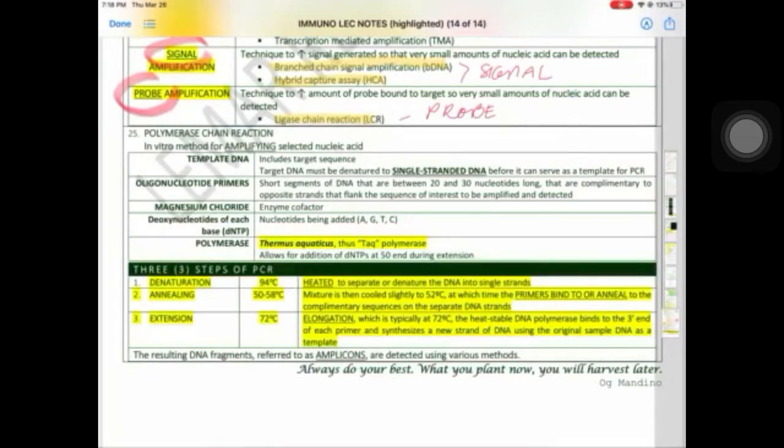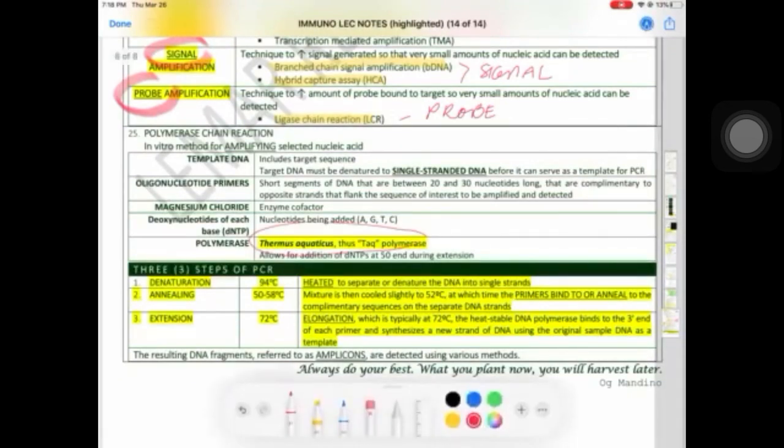PCR, kung may papatandaan po ako, huwag kakalimutan yung enzyme used for PCR, Taq polymerase. What are the 3 steps in PCR? Ang palatandaan po namin dito, denaturation, annealing, and extension. Huwag kakalimutan yung mga temperatures: for denaturation, 94 degrees Celsius; for annealing, 50 to 58 degrees Celsius; for elongation or extension, 72 degrees Celsius.